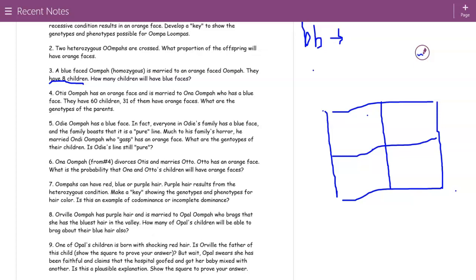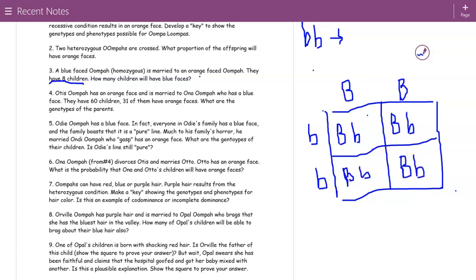Okay, so blue-faced Oompa, homozygous. They are blue-faced and homozygous, right? So that means they're homozygous dominant, is married to an orange-faced Oompa. Okay, orange, you can only be homozygous recessive. What do we get? When you do these over and over and over again, you get better at them.